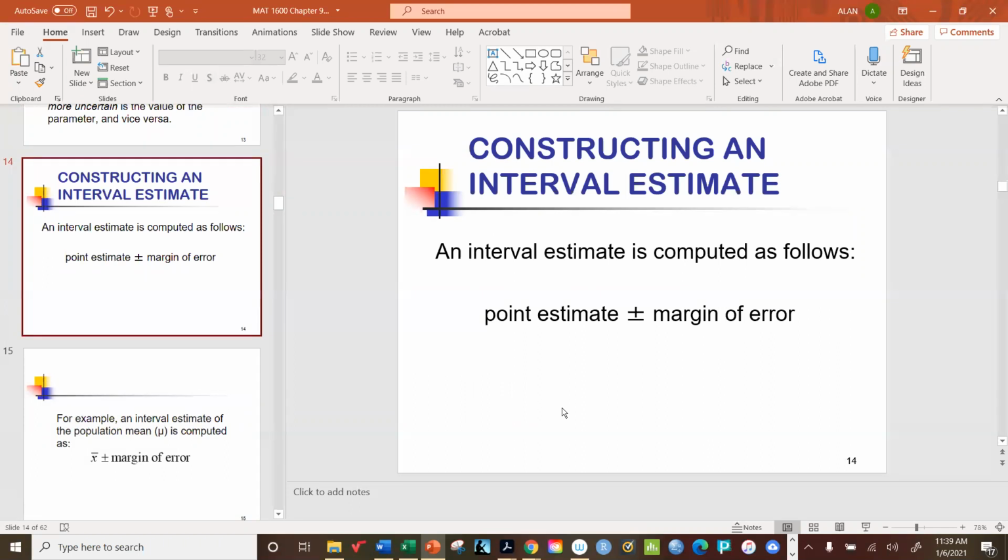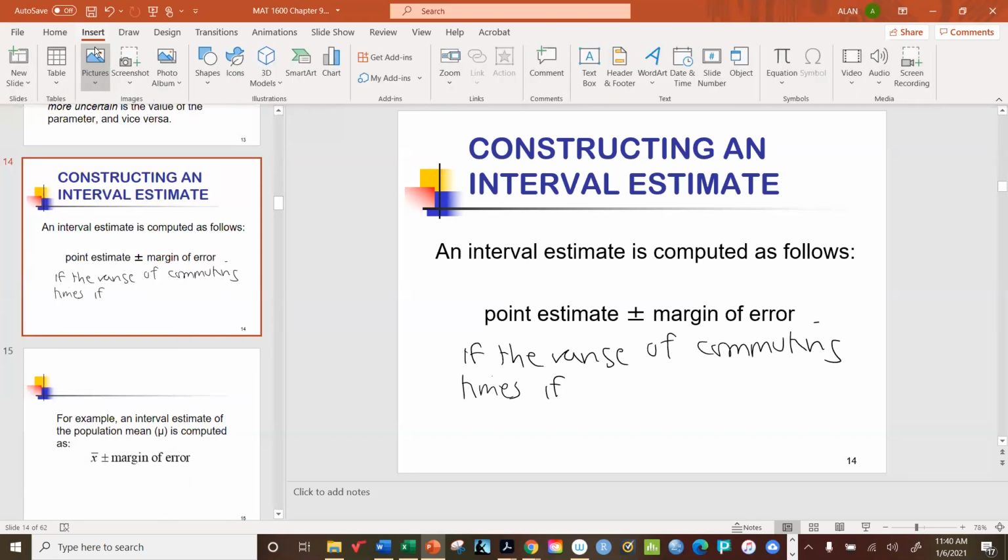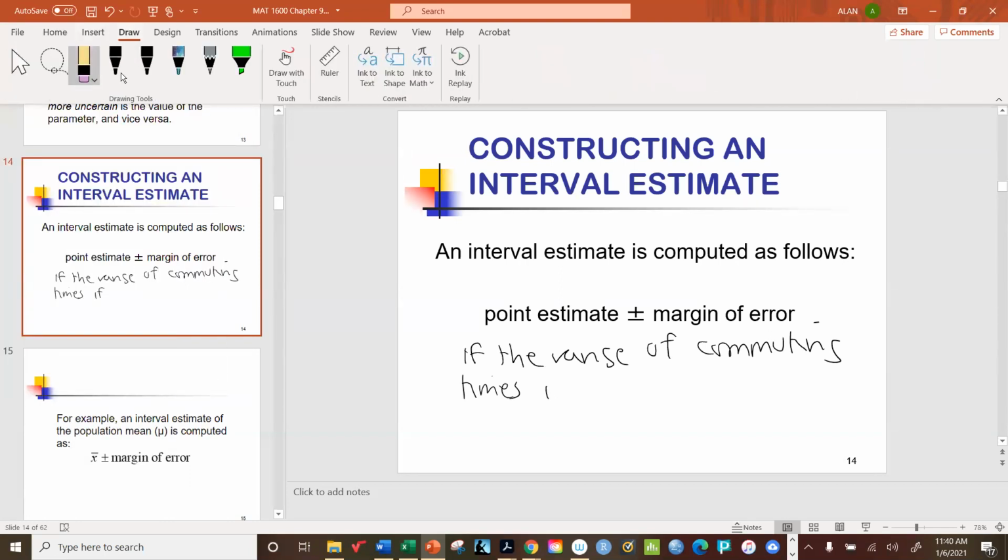If you recall the first case from our commuting example, the range of commuting times is between 22 and 26 minutes, with a mean of 24.